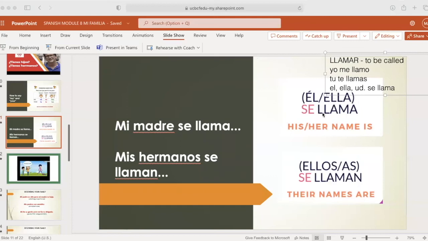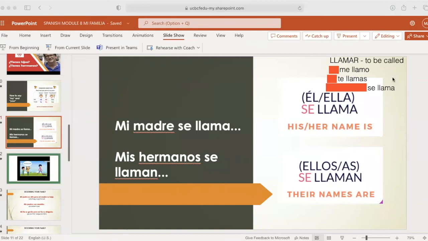Él, ella, se llama. If you remove the personal pronoun, it's the same, but do not remove the reflexive pronoun. Okay? Do not remove me, do not remove te or se. That's why remember me llamo, I am called. Te llamas, ¿cómo te llamas?